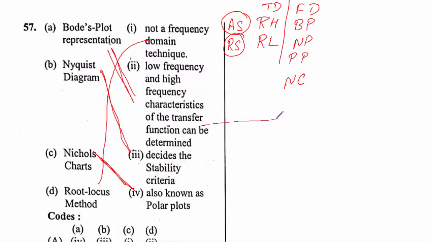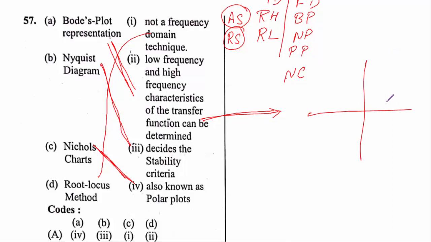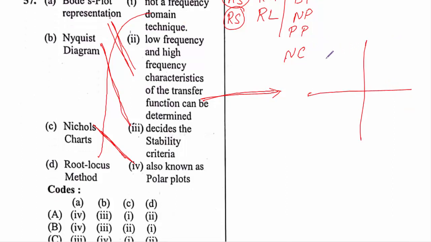In the Bode plot we go for approximation, so it is an approximation plot. Also, the Bode plot is valid for a minimum phase system. If poles are on the right of the s-plane, the system will be unstable. Able to follow? If all the poles and zeros are on the left of the s-plane, the system is a minimum phase system. Able to follow? This is very, very important.